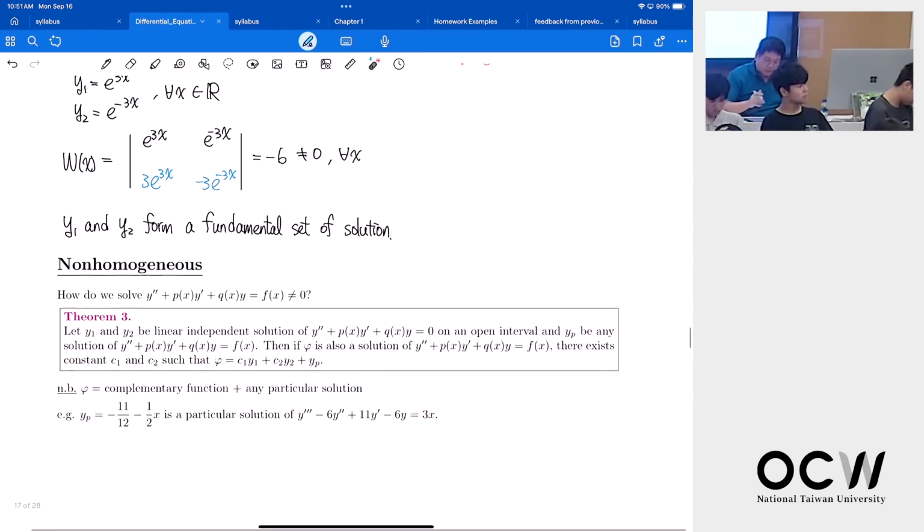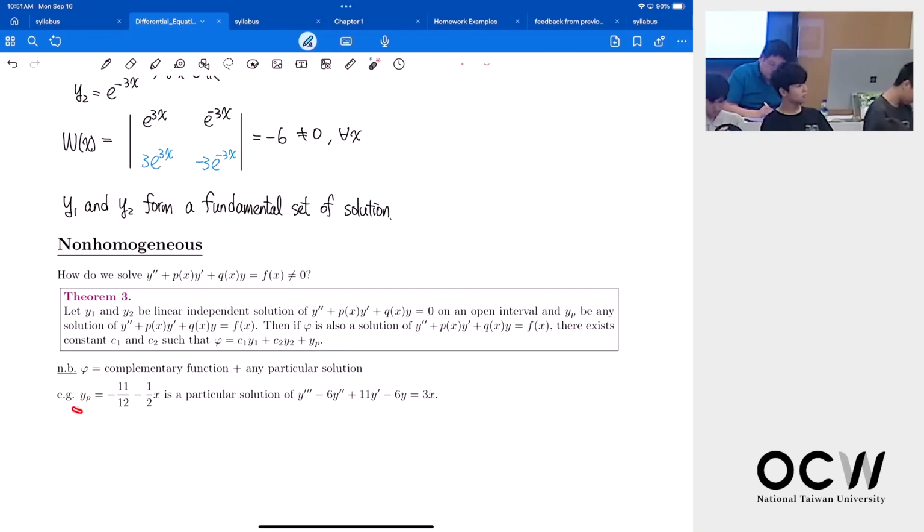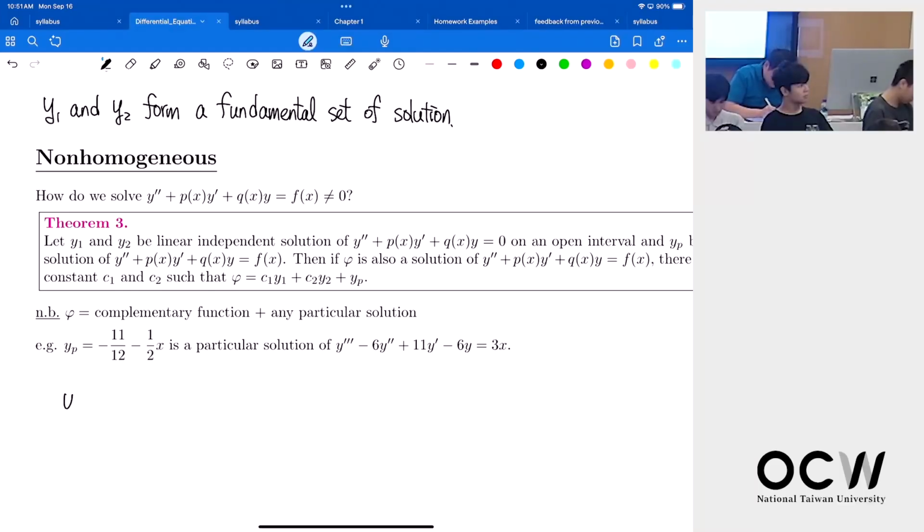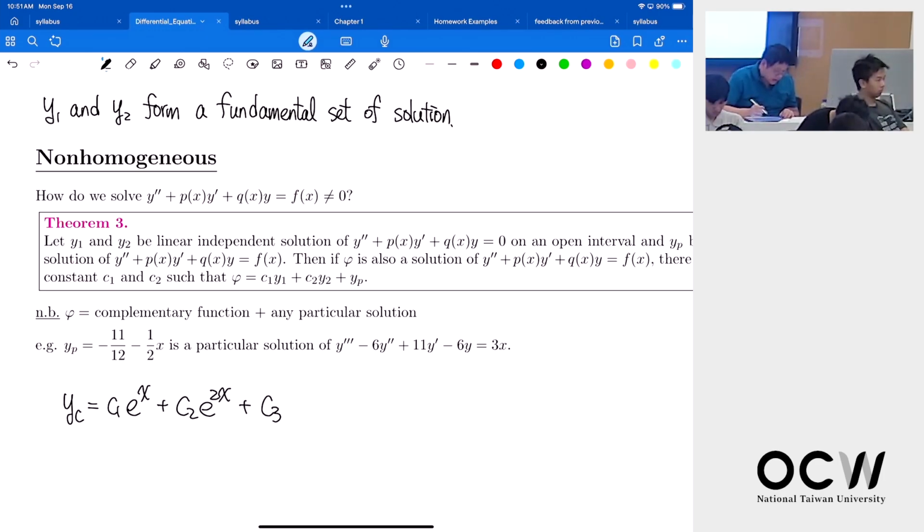Okay, so now suppose we say that this particular solution is a solution of this higher order differential equation. What is my general solution? We also tell you that the homogeneous or complementary function is C1 e to the x, C2 e to the 2x, and C3. Since I take the derivative 3 times, it's a third order, so 3 constants.